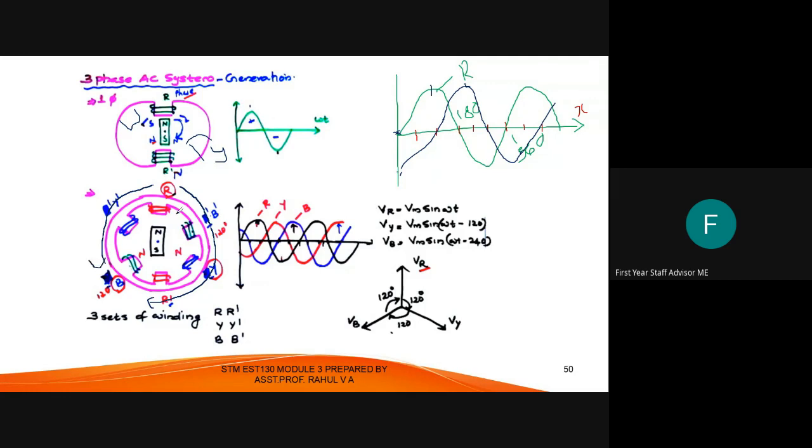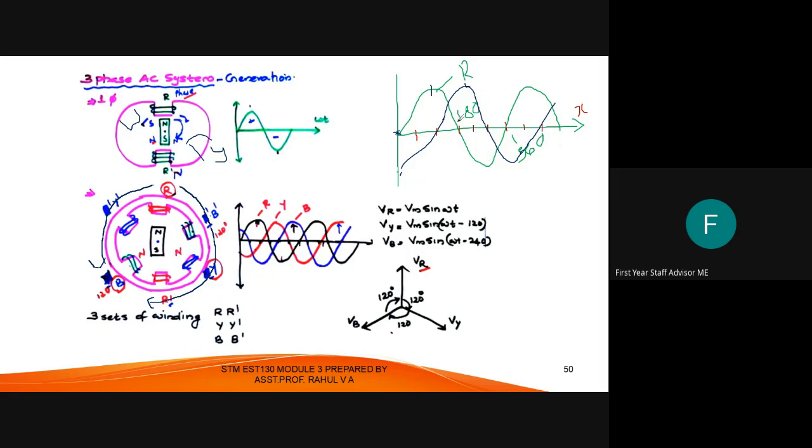Sorry, and if you take R as a reference, you can say that the B winding is 240 degrees away from the R winding in the clockwise direction, or you can say that the B winding is 120 degrees away from the R winding in the anti-clockwise direction.